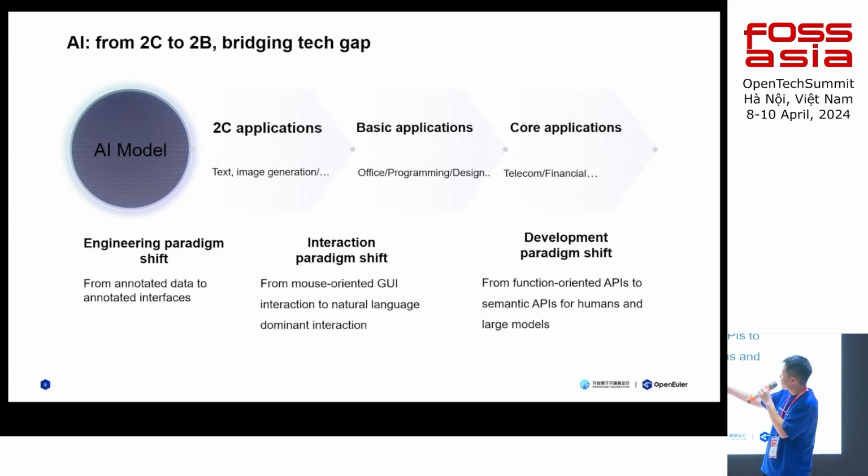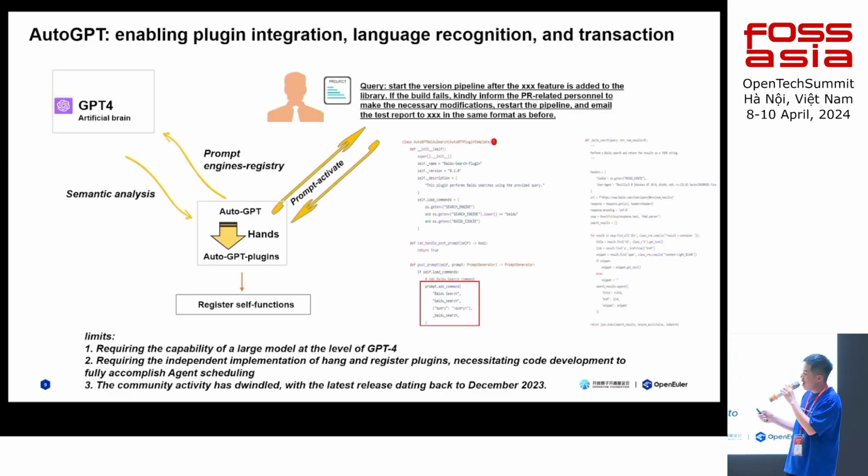So we summarized 3 paradigm shifts for our business partners: from allotted data to allotted interfaces, from mouse-oriented GUI interaction to natural language interaction, and from function-oriented APIs to semantic APIs here. We have looked into some open source AI agent projects. Let's take AutoGPT as an example.